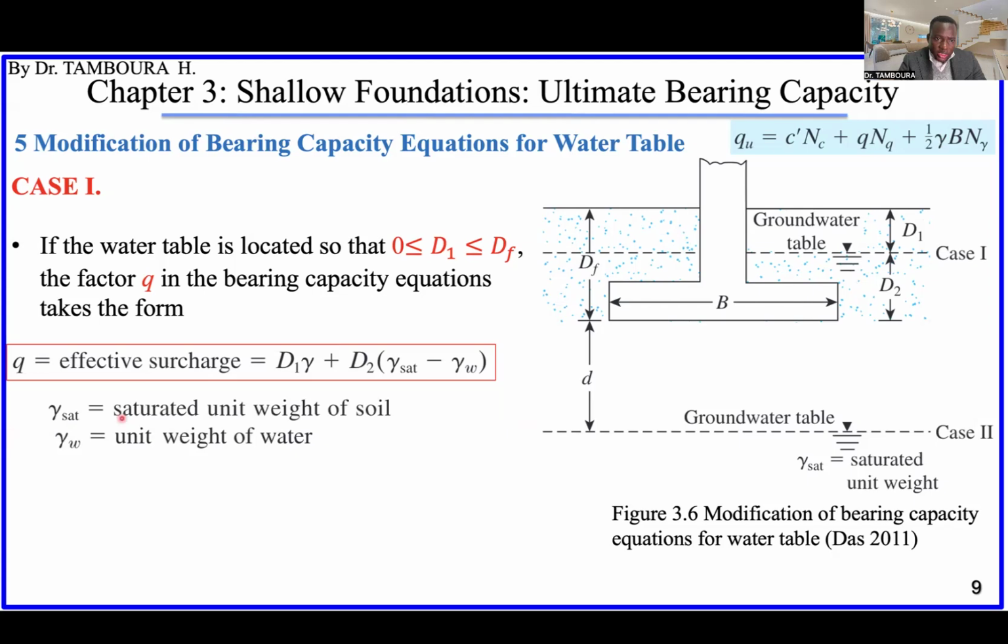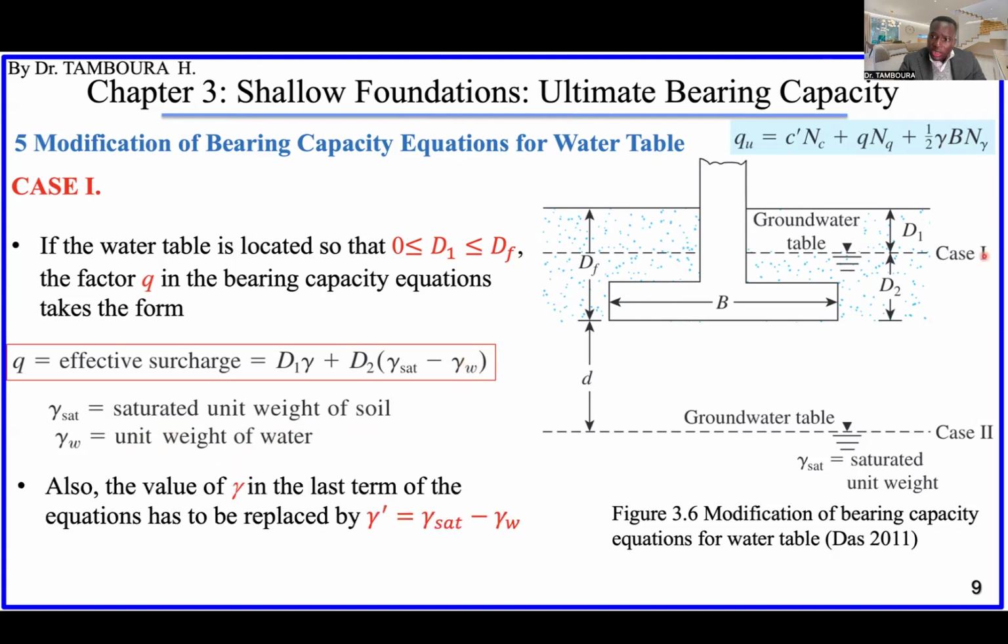So this is just explanation. Gamma sat is the unit weight of saturated soil. Gamma w is the unit weight of the water. Now, the value of gamma in the last term of the equation, what does it mean? The last term is just this part, because the equation has three parts: first term, second term, last term, the third term.